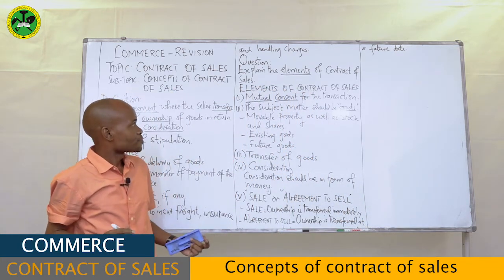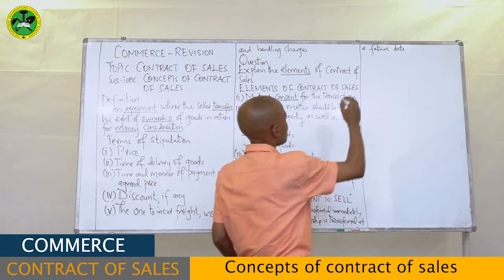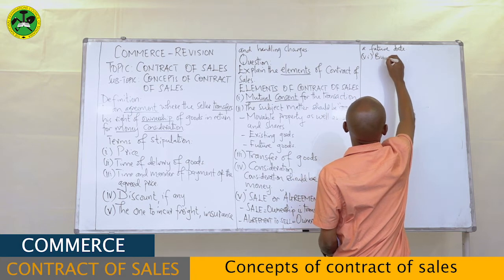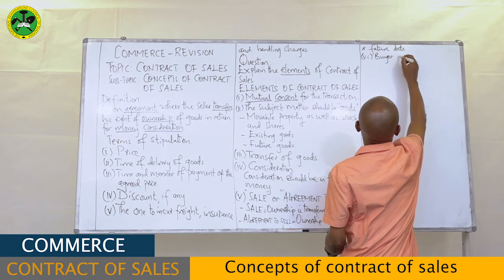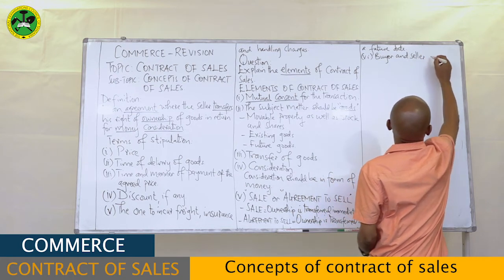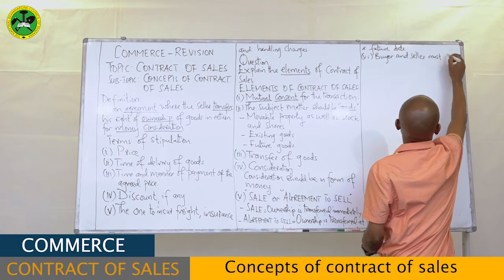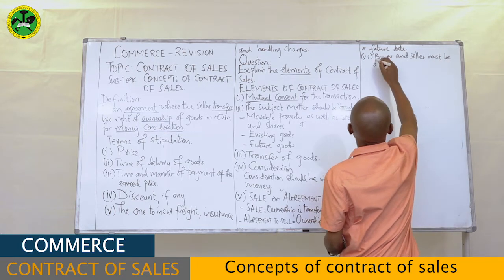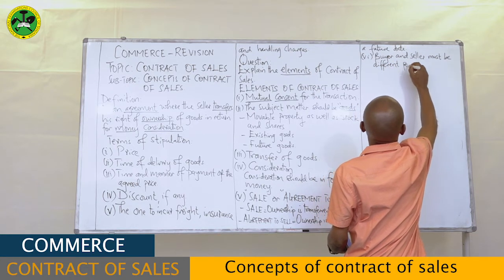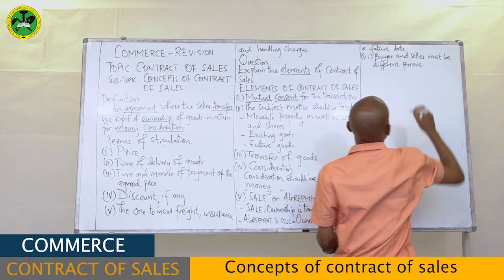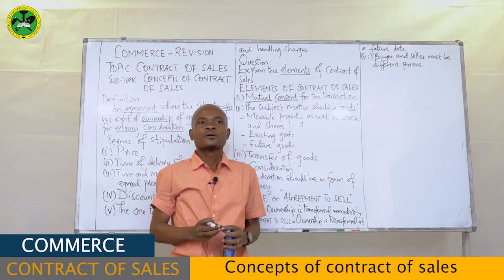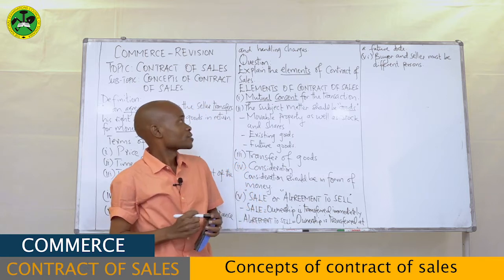Another element is that buyer and seller must be different persons.